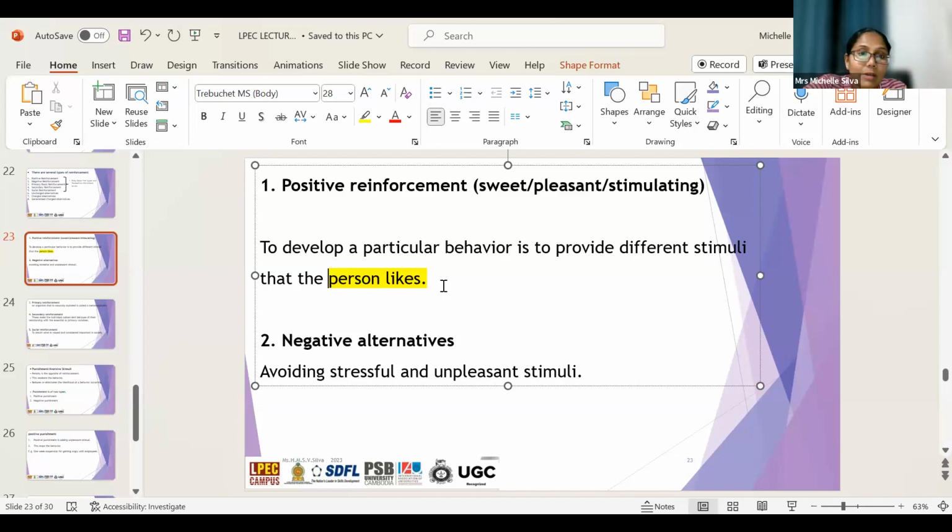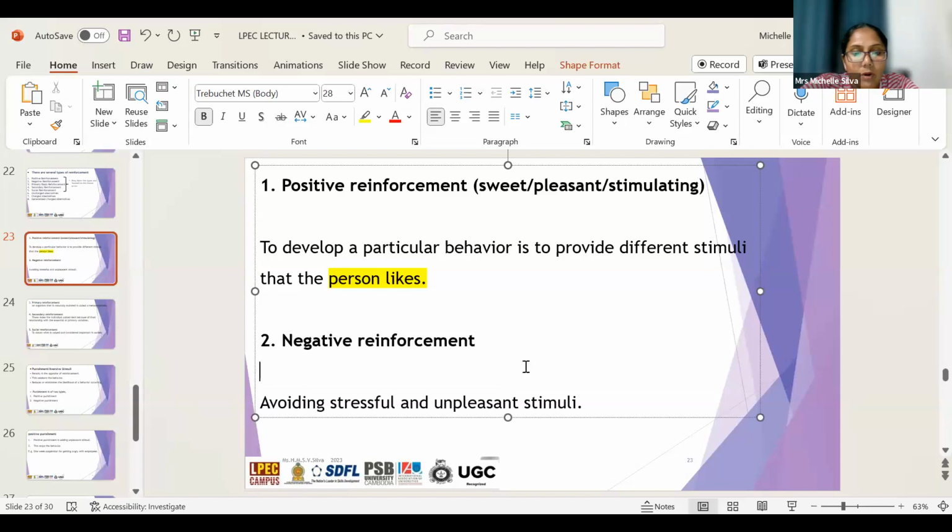So, negative reinforcement, my dear student. Negative reinforcement is when you are avoiding unpleasant stimuli.